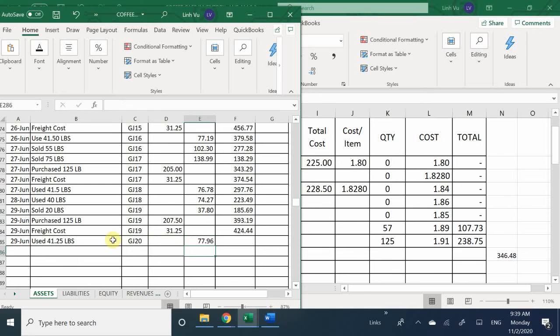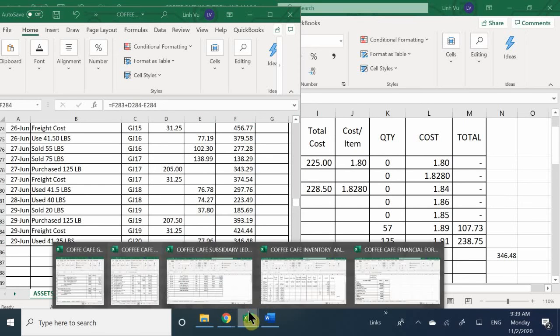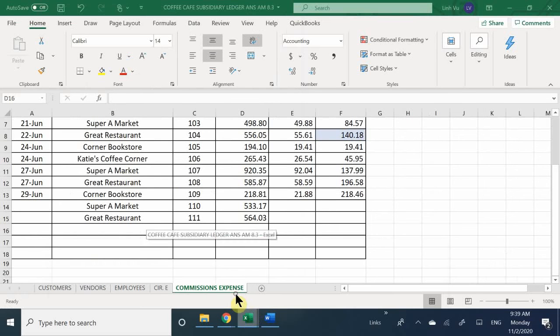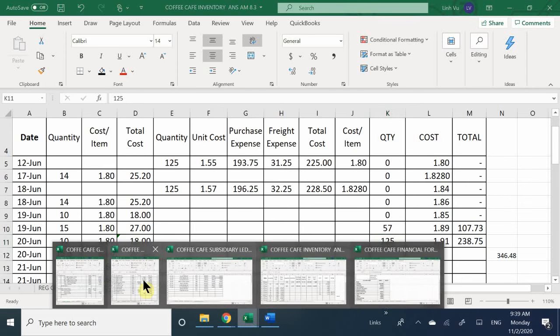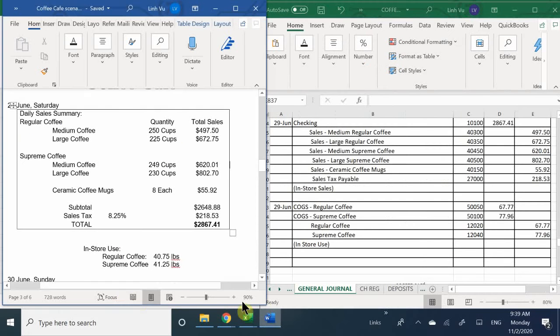Giving us a total of $346.48. 346.48, which, yes, matches our inventory 100%. Good. Okay. And we are on to the next scenario.